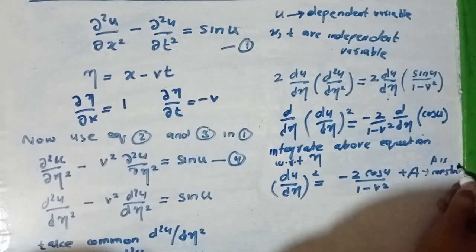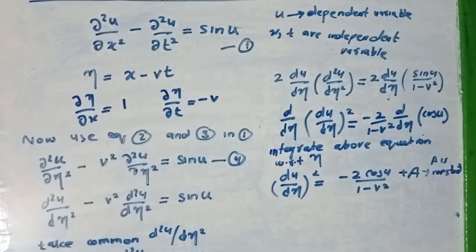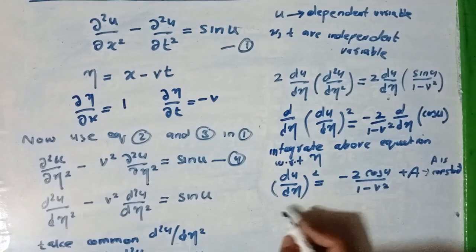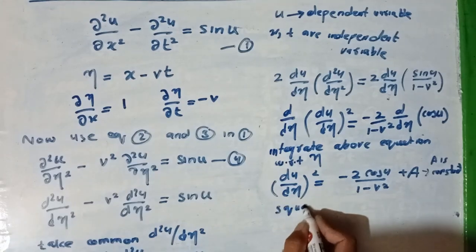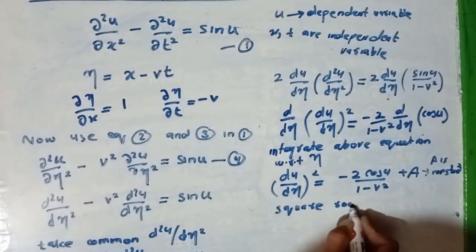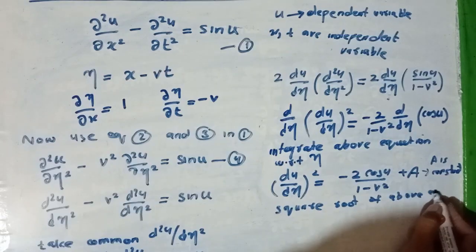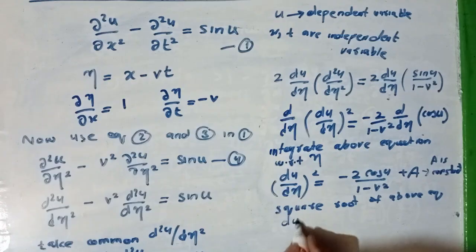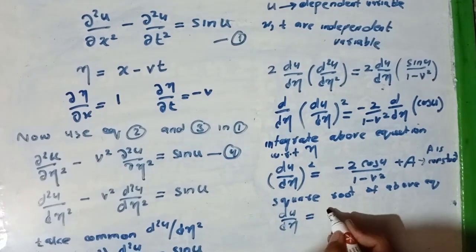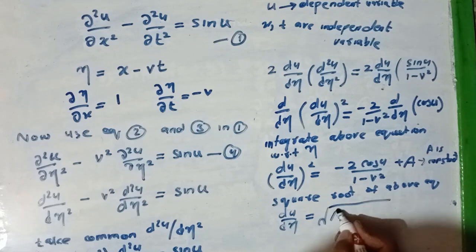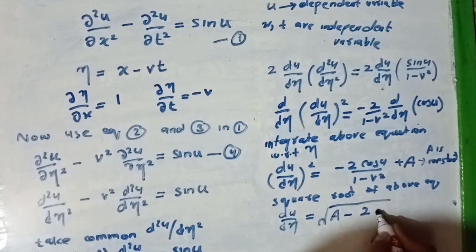So the square root of the above equation becomes du/dη is equal to the square root of a − 2 cos u over (1 − v²).